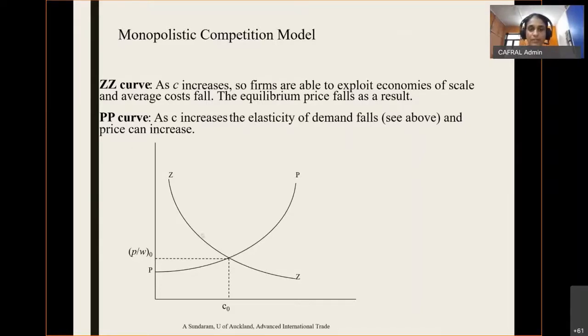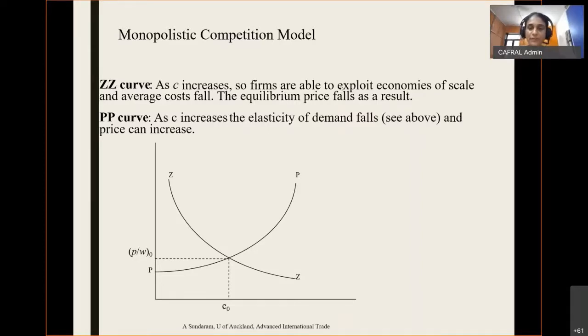And what is the intuition for why the ZZ curve is downward sloping? As consumption C increases, the output per firm is going up. Because this is an increasing returns to scale model, remember that there's a fixed cost component in the production structure, which means it's an IRS model by definition.